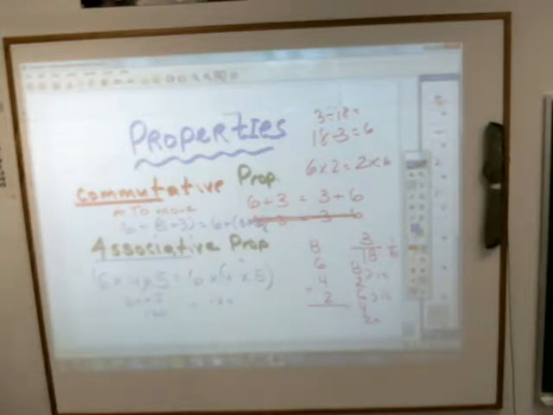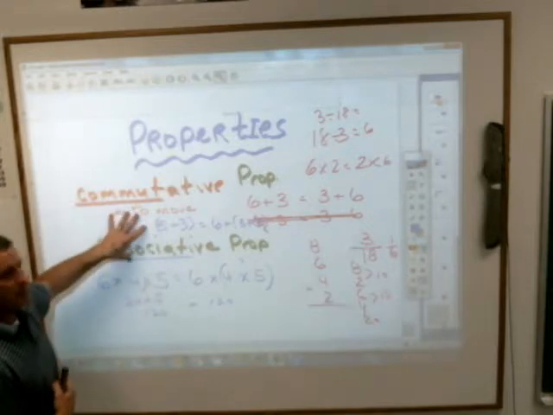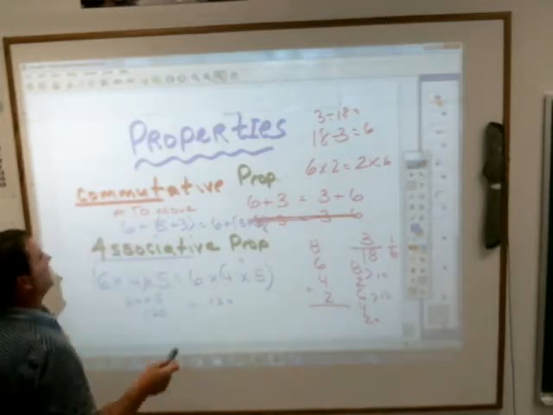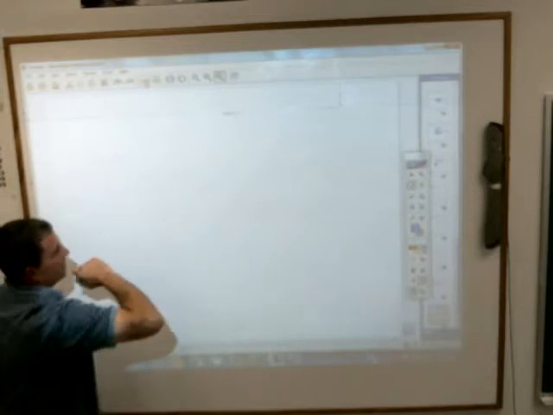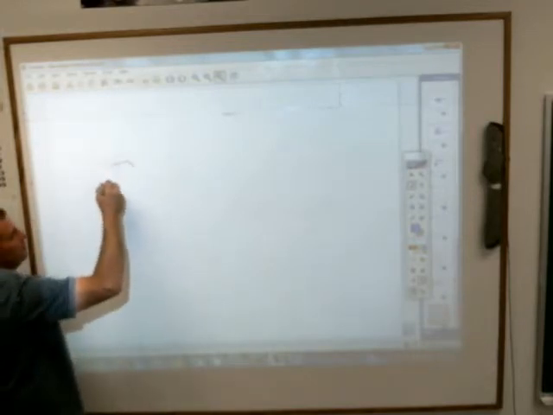Got that? Because we got a couple more. These are the big ones. These are probably the ones that people get more confused with than the other ones. The other properties, still under properties, are called the identity property.